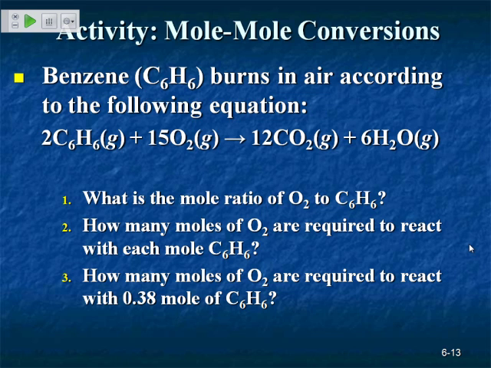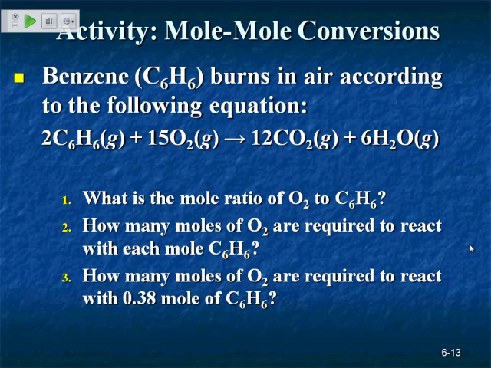Now, the first question is, what is the mole ratio of oxygen to benzene? 15 moles of oxygen per 2 moles of benzene. So that would be the first one. Now, let us answer the second one. How many moles of oxygen are required to react with each mole of benzene?